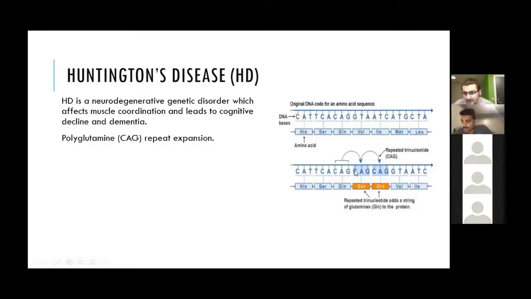You see, this is a CAG. It's only supposed to be one. But you get those repeated trinucleotide additions, and you get this expansion, which basically creates a new function for that protein. And Huntington's disease is an autosomal dominant disease.